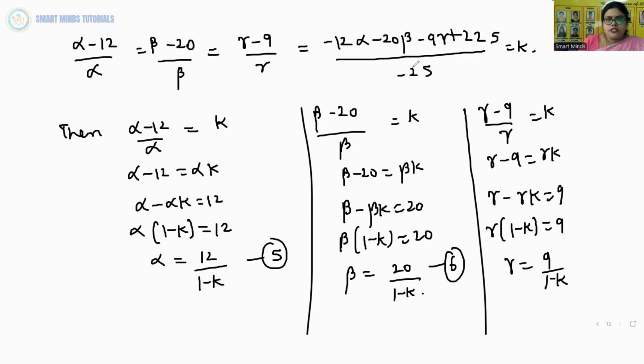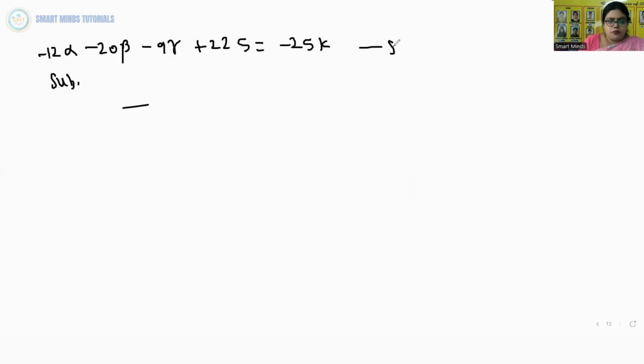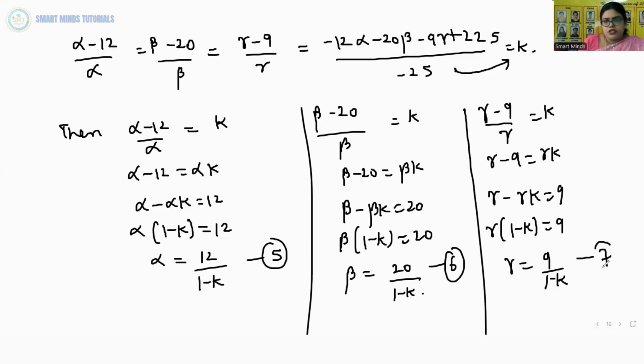Now we equate this part. This fourth term we equate to k. Okay, so you get minus 12 alpha minus 20 beta minus 9 gamma plus 225 equals to minus 25k. Let's say this is equation number 8. This is equation number 7.